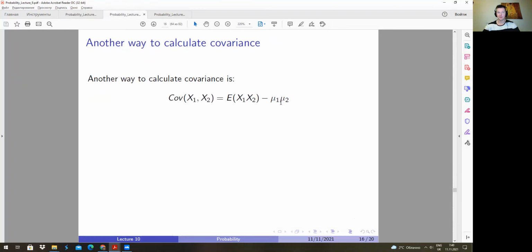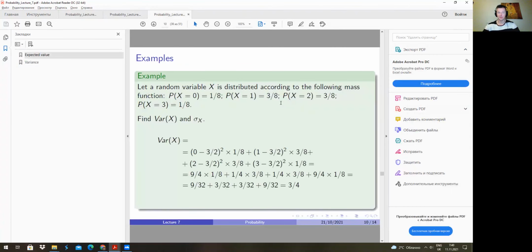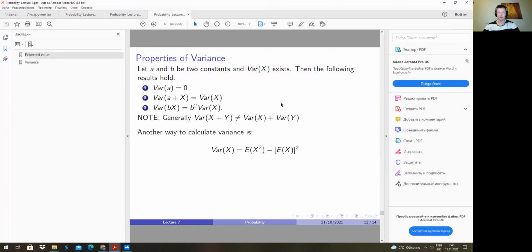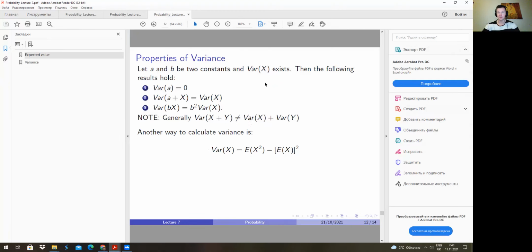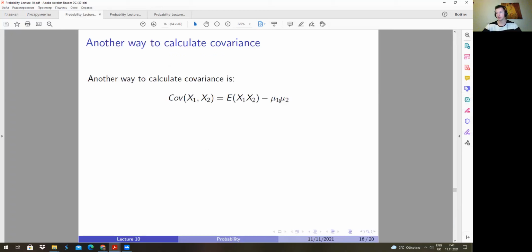And then, we know that variance sometimes is calculated in this way. Once again, if x1 and x2 are the same variables, it's going to be expectation of x squared minus the squared expectation of x, exactly like here. Which means that the variance is the particular case of a covariance. Variance is a particular case when two random variables coincide, when instead of two random variables we have only one.